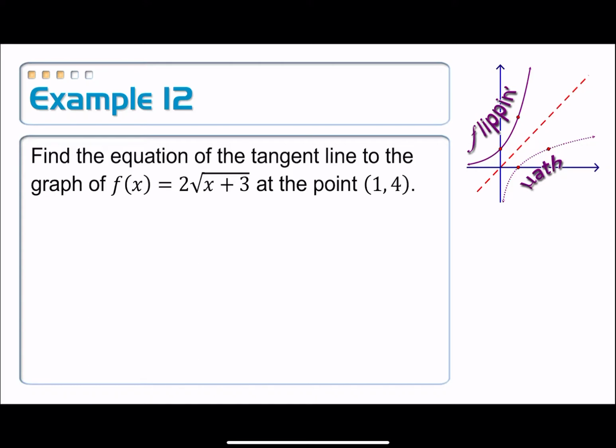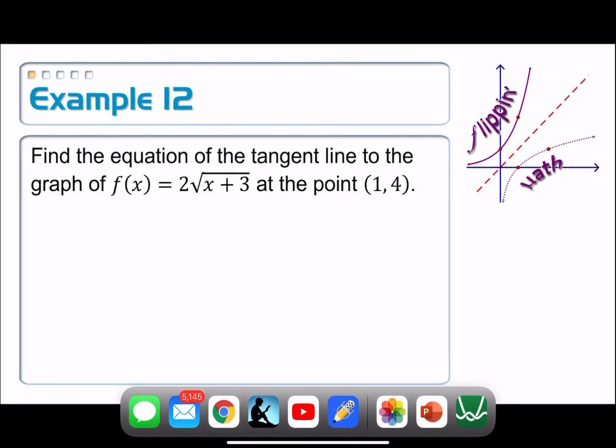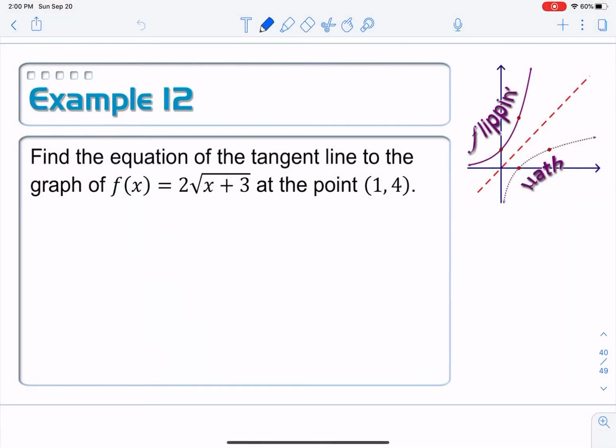I'm going to find the derivative of this function at 1 using the limit definition. So I need my slope, and my slope will be equal to f prime of 1. That'll be my m. All right, so let's take your pick which one of the limit definitions you want to use.